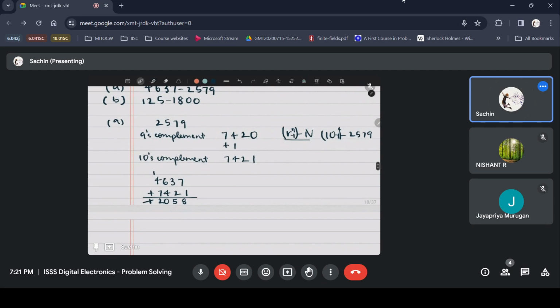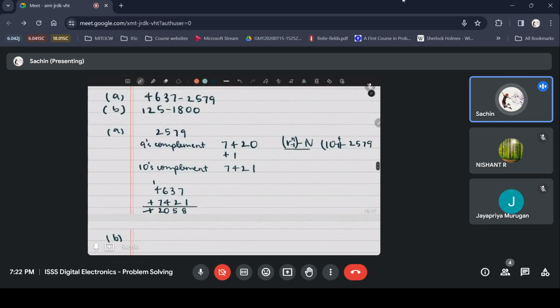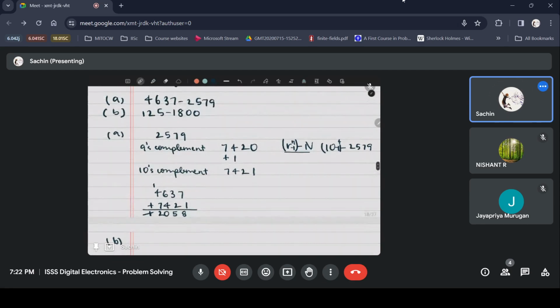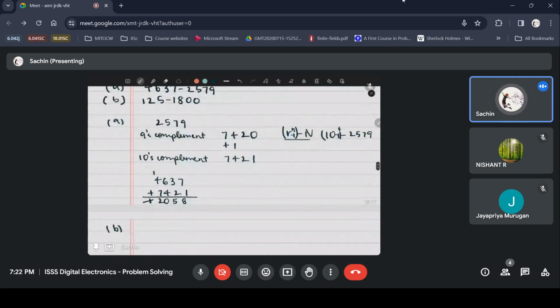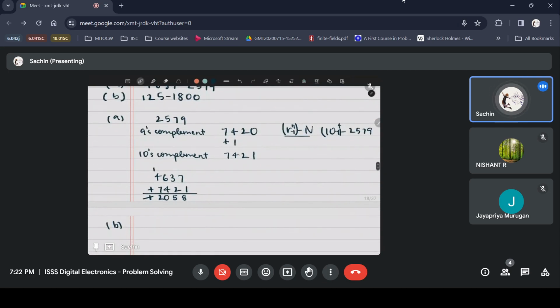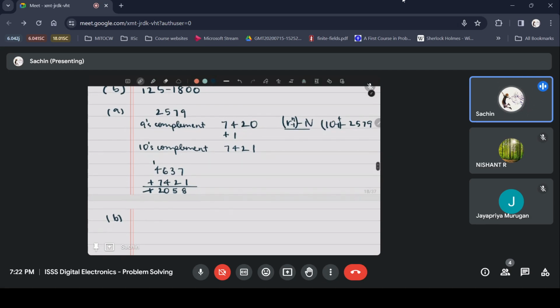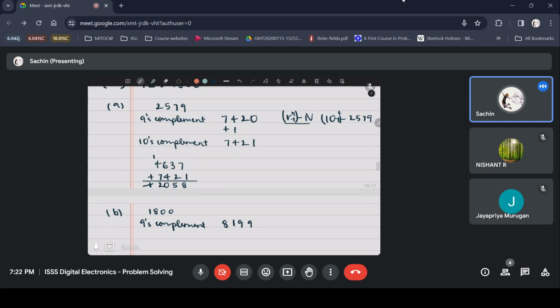And what will happen if you're subtracting a larger number from a smaller number, you will get a negative number. And the result you get by doing complement subtraction will be in the negative number form. So 1800's 9's complement is 8199. That's correct.